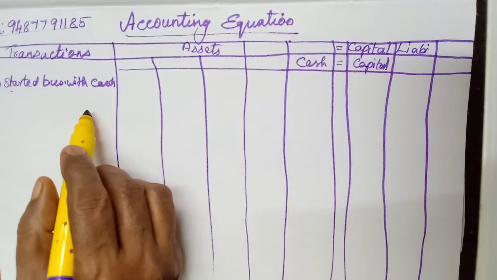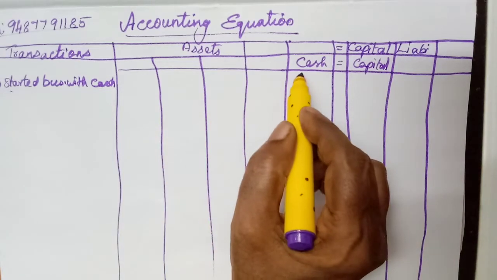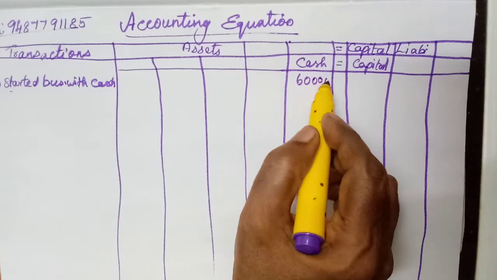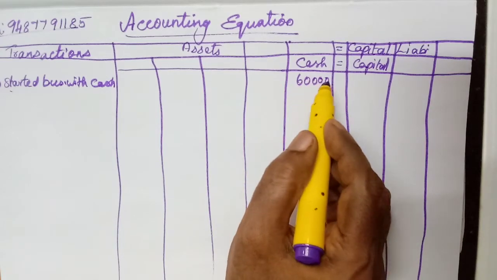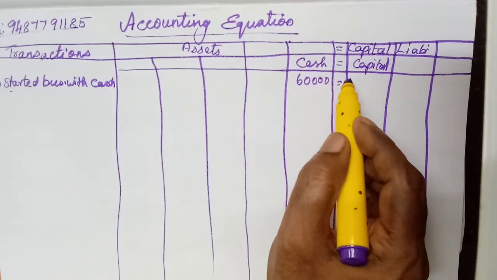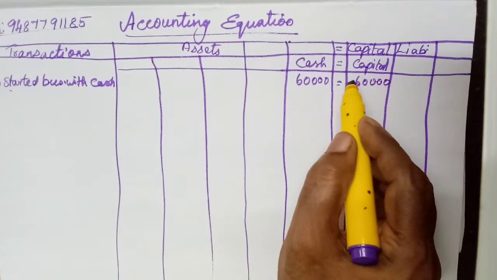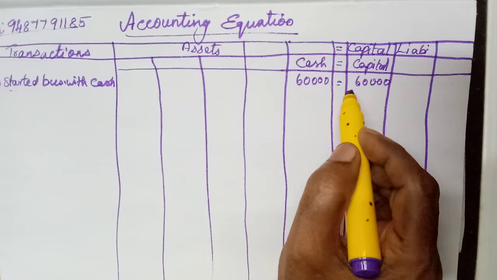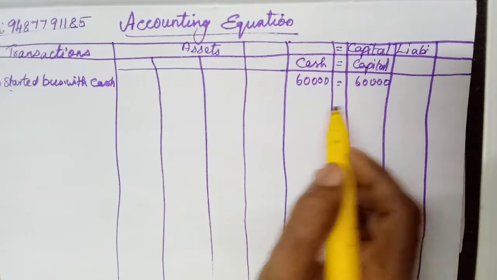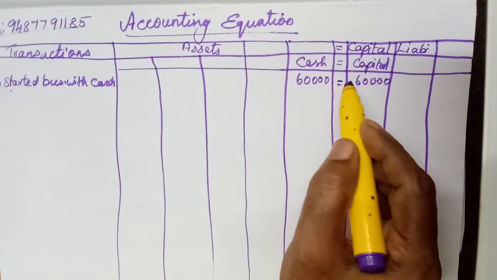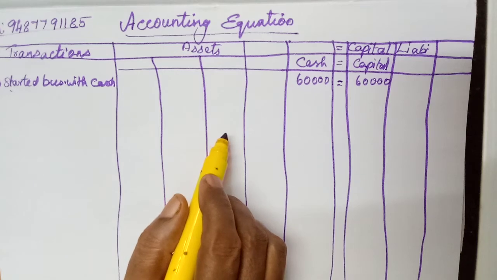How much is the cash? 60,000. Write clearly, leave a little space here, start from the end. Equal to capital also 60,000. On the left side leave a little space, if it is 2 lakh, 3 lakh, you should write it here. Now the first equation is over.